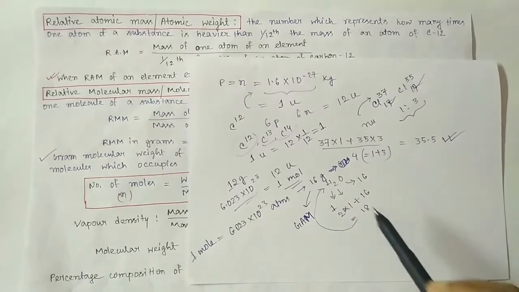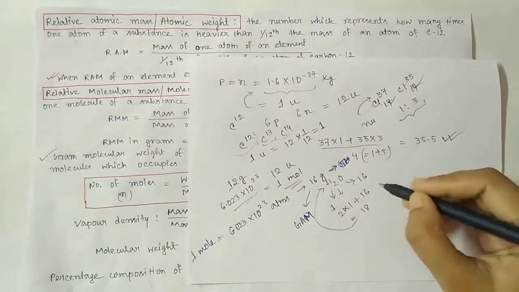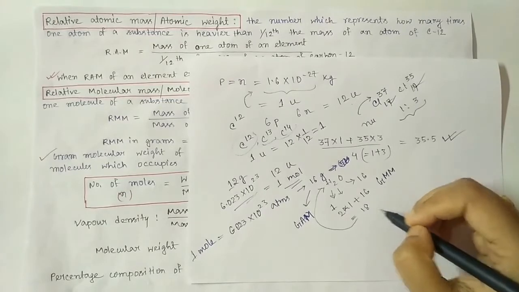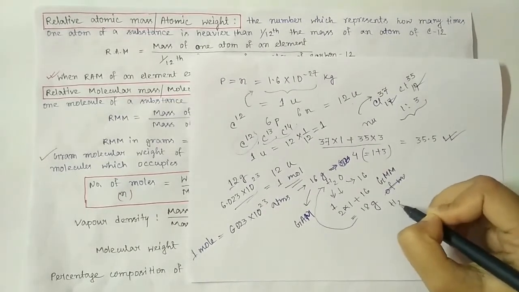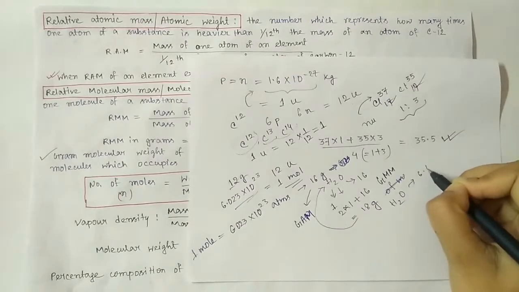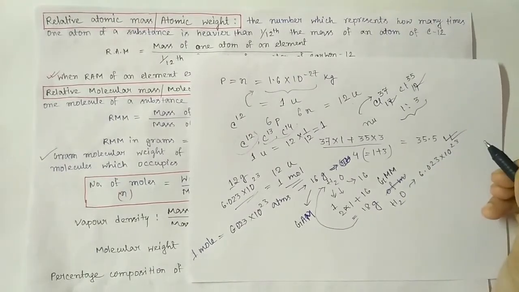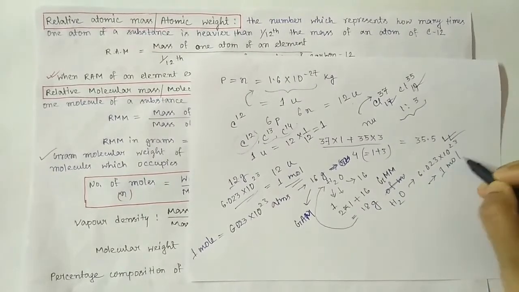Now if we take the example of H2O, I have told you that the gram molecular mass of H2O is 18. It means that in 18 gram of H2O there is 6.023 × 10^23 number of molecules. This number of molecules is actually 1 mole.